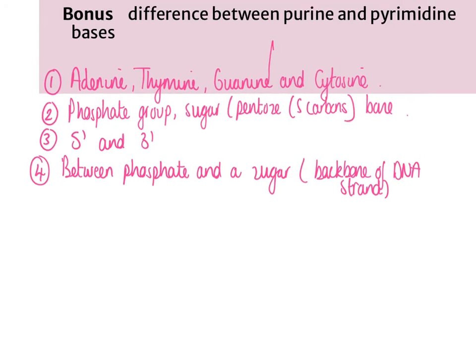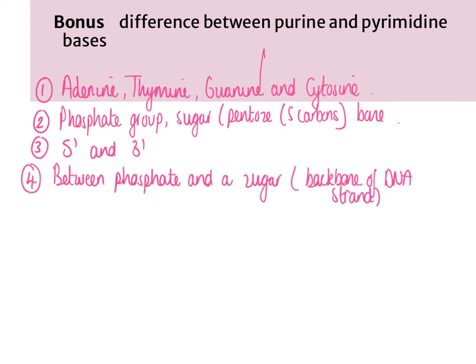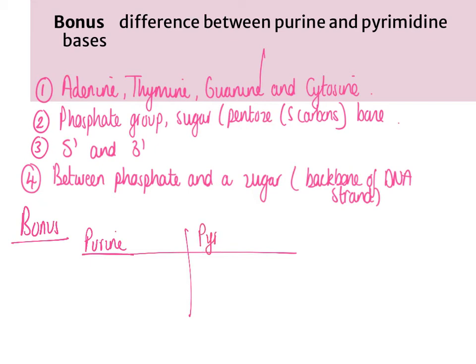If we then look at the bonus question, describe the differences between purine and pyrimidine bases. I'm just going to do it as a quick table. Purine and pyrimidine. Purines are larger in size, pyrimidines are smaller.